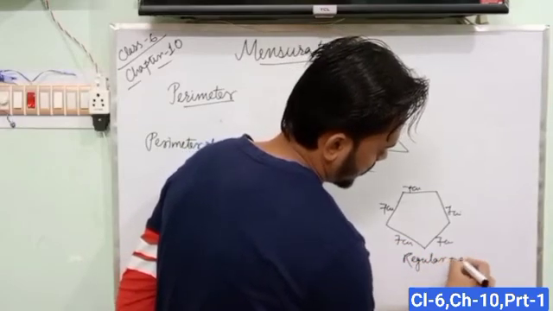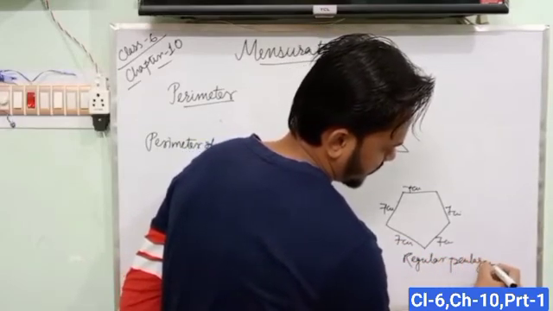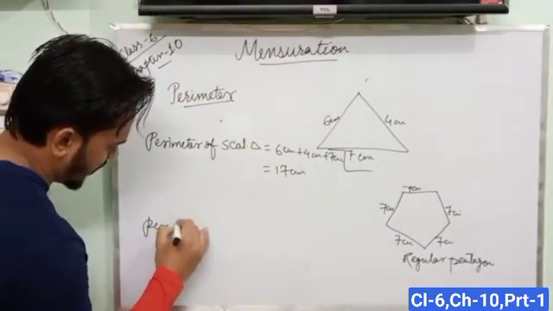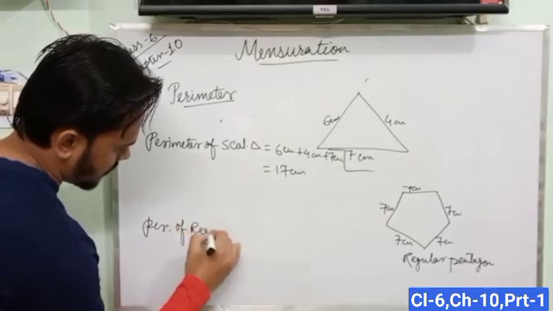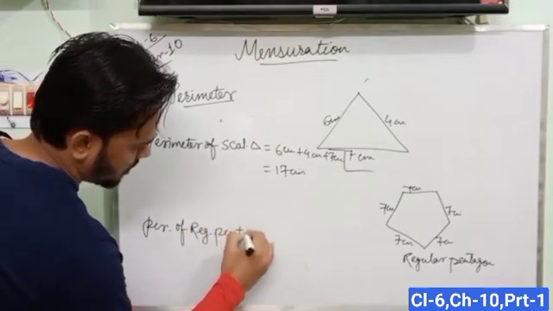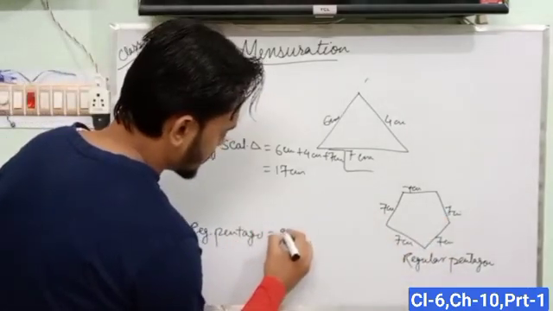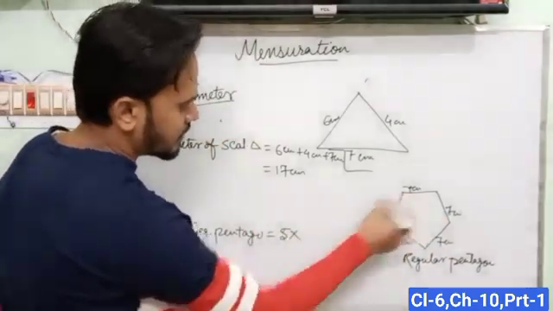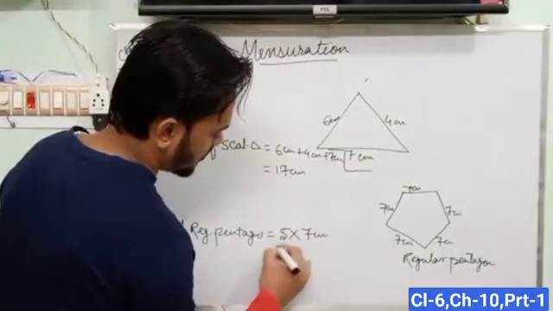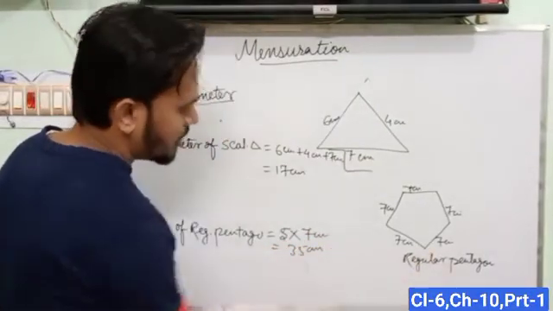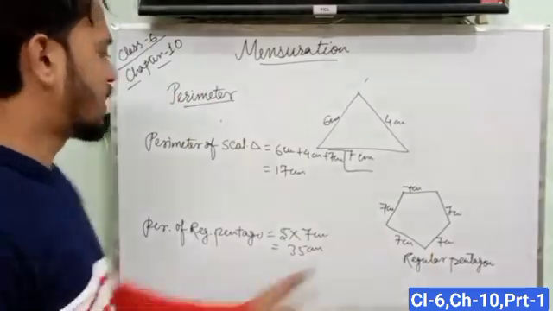It's a regular pentagon. So perimeter of regular pentagon is equal to, there are 5 sides here. So first write 5 into length of one side, which is 7 centimeter. Then 5 sevens are 35 centimeter as the perimeter of the regular pentagon.